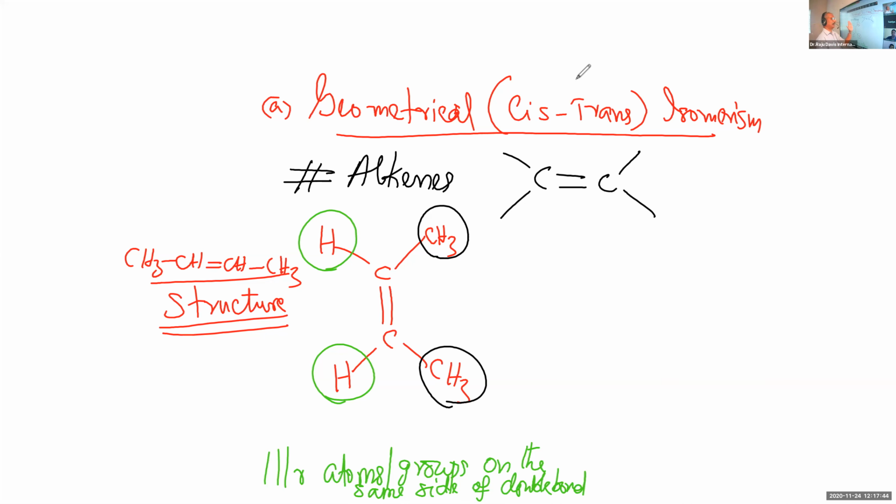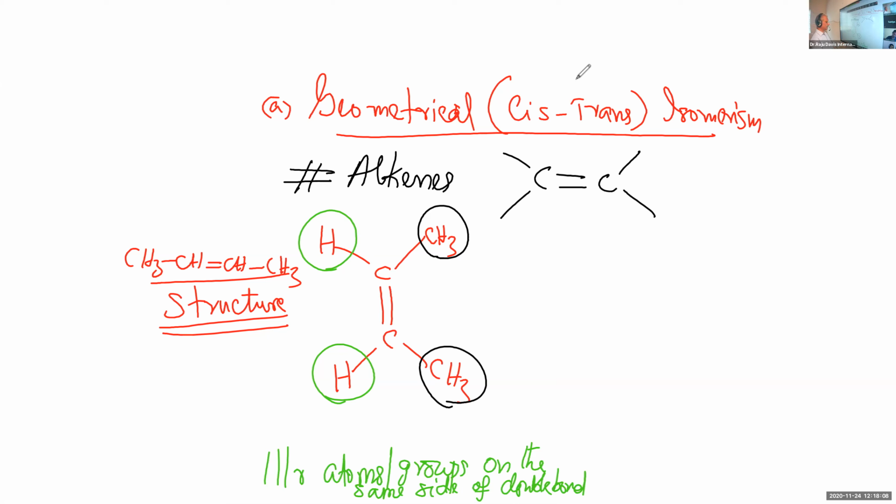Now you can see that both the CH3 groups, similar groups, are on the right-hand side of the plane considered, while the hydrogen atoms are on the left-hand side of the plane.